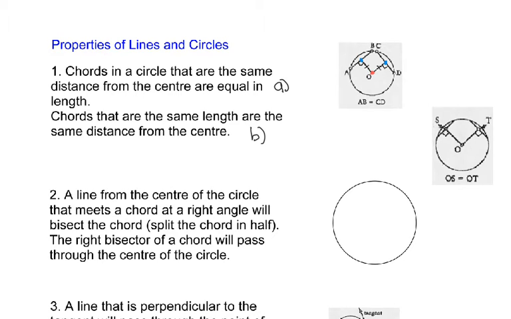If I notice that this distance and this distance are the same, then we can easily say that the chords are the same length.